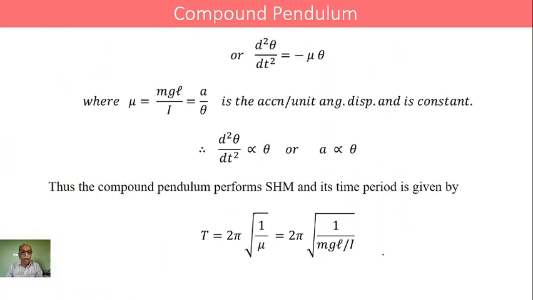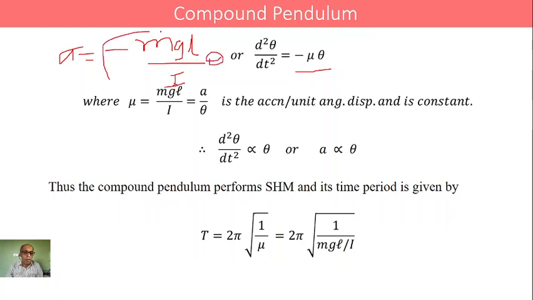The expression for acceleration is also A equals minus mu into theta, where mu equals mgl by I. Instead of writing all these terms, we have taken them as equal to mu.